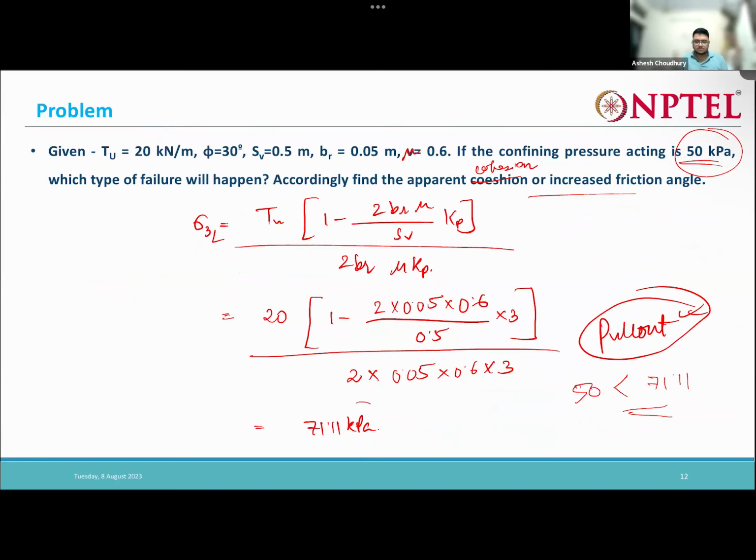Just think about these things and solve it again, and be more clear about when there is rupture failure and when there is pull out failure. Remember: low confining pressure, pull out; high confining pressure, rupture.